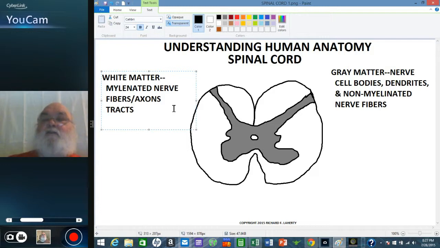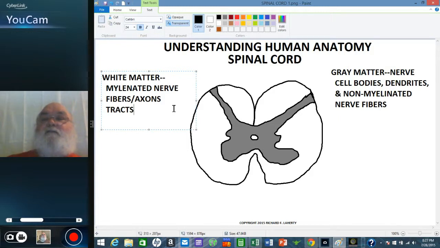And tracts in the central nervous system correspond to nerves in the peripheral nervous system. So we have white matter on the outside, gray matter on the inside. We're going to find that that is true throughout the central nervous system.